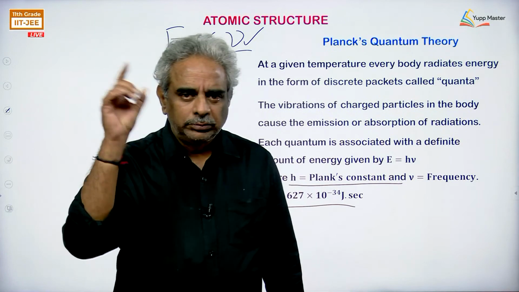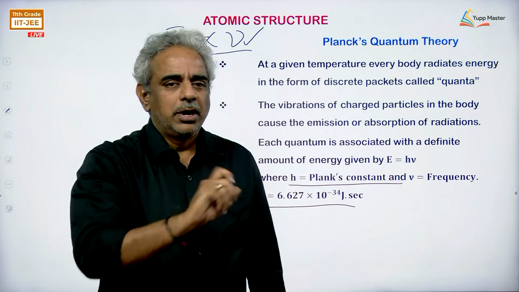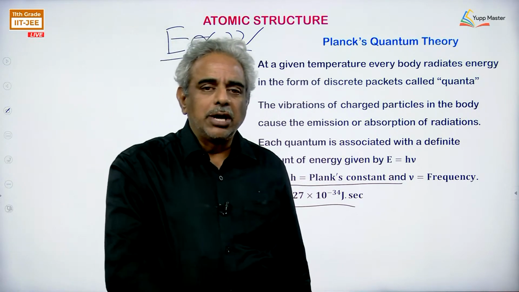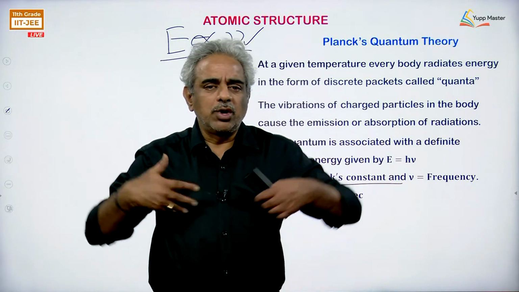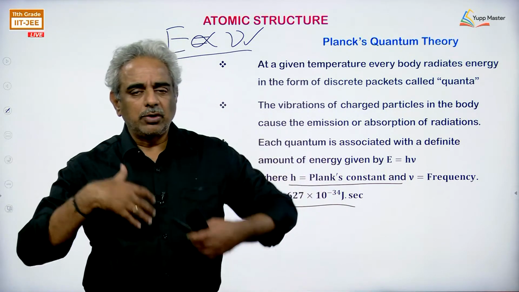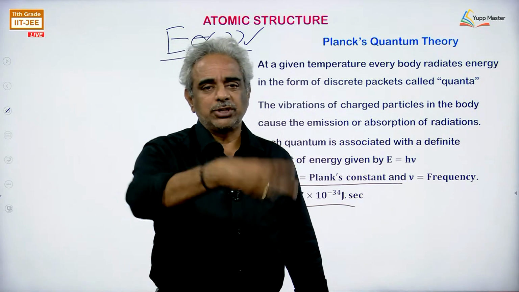Point 1: when you raise the temperature of a body, it undergoes vibrations of the electronic charged constituent particles, mostly non-uniform vibrations. The heat given to a system will be distributed randomly, just like the chocolates I have thrown.